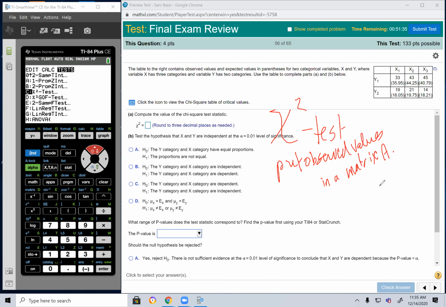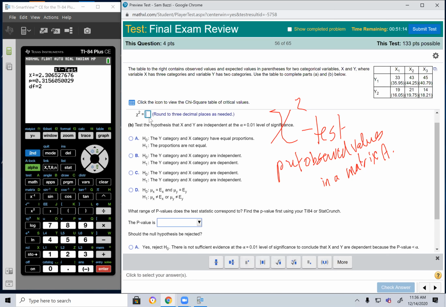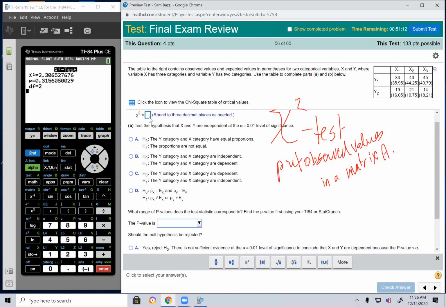Okay, so let's hit enter. The expected value, we already have it, but we're gonna get it in matrix B, but we don't need it here. Calculate. Okay, so the test statistic is 2.307.